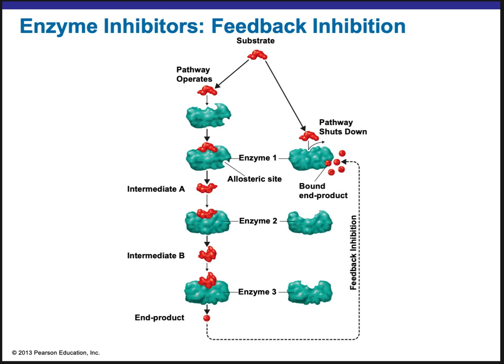So if I'm running my heater at 70 degrees Fahrenheit and it becomes 69 degrees in the house, then it will kick on, and it will stay on until it reaches 71 degrees, and then it will kick off, right? And it constantly does this back and forth. And so it's a feedback inhibition in that it only turns off once you have enough, right?